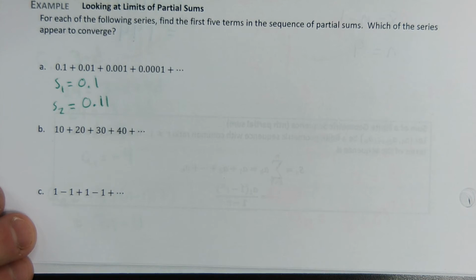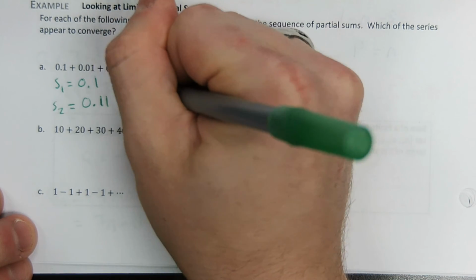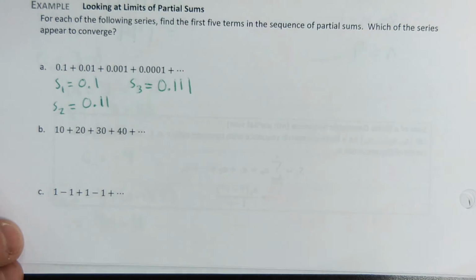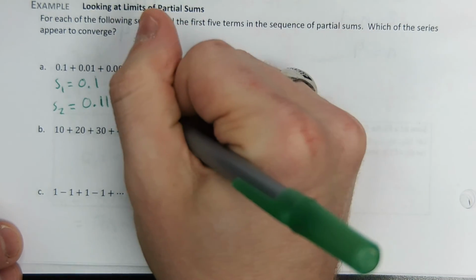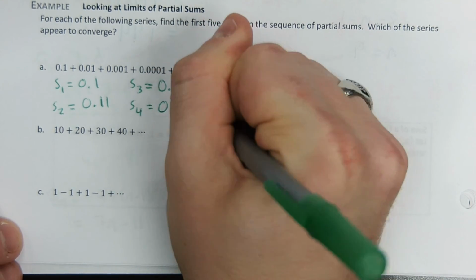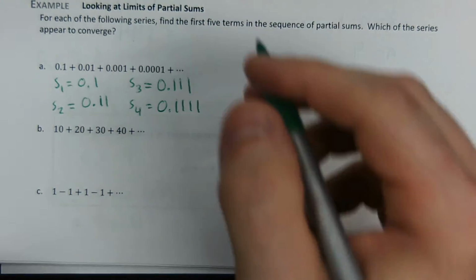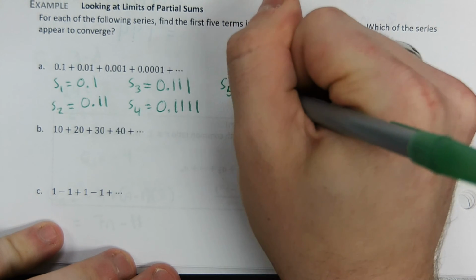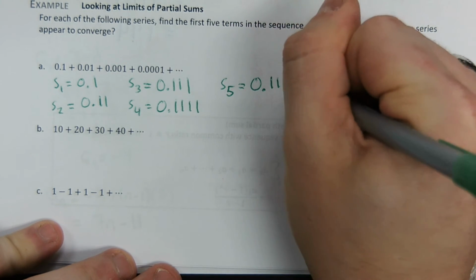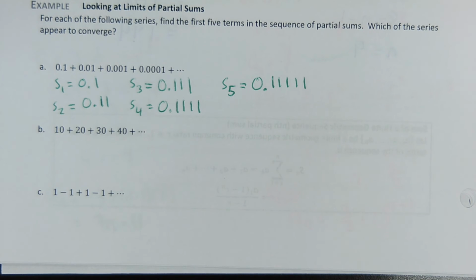Then when you add up the first 3 terms, it just extends the pattern a little bit. S sub 4 sticks another 1 on the end there, and you guessed it, S sub 5 is 0 point and then 5 ones. It would be 0 followed by a decimal, and 6 ones would be S sub 6. 7 ones.